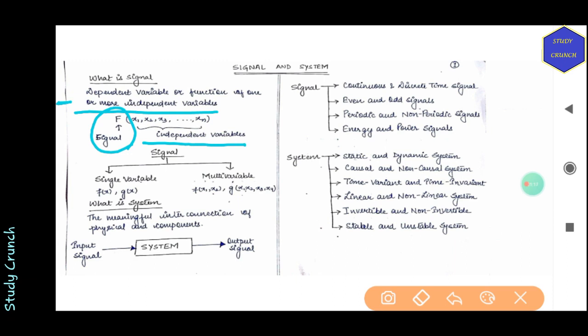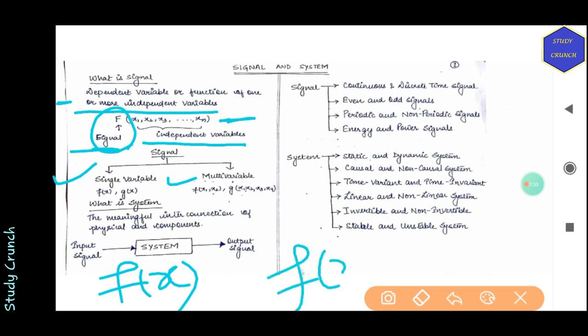So here, f is a function or variable and x1, x2 are the independent variables. Now there are two types of signal, single variable and multivariable. We can write f(x), this is a single variable function, and f of x1, x2, x3 and so on will give us a multivariable signal.